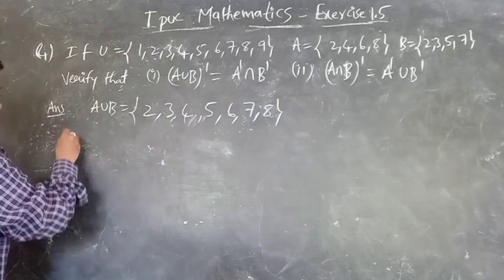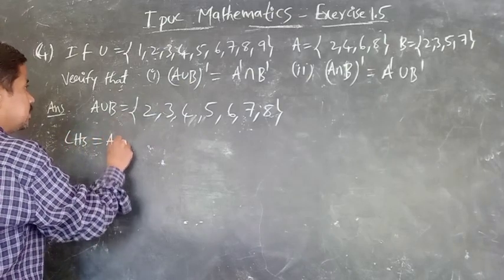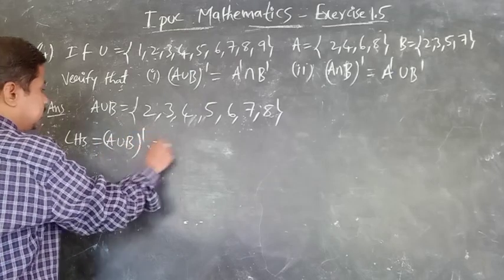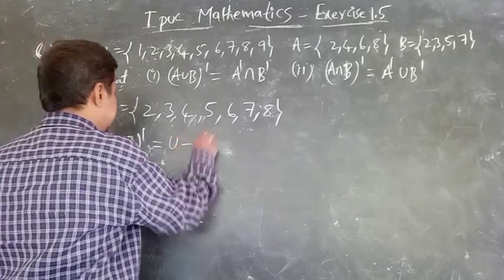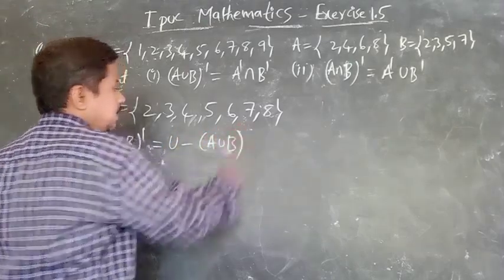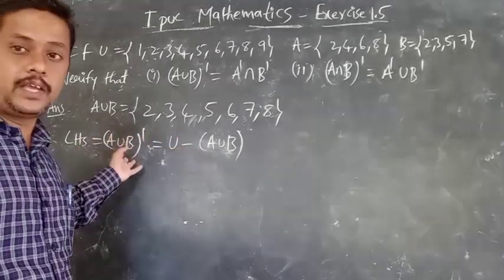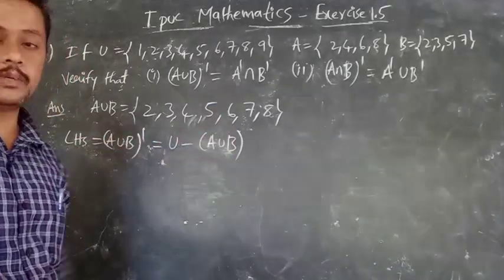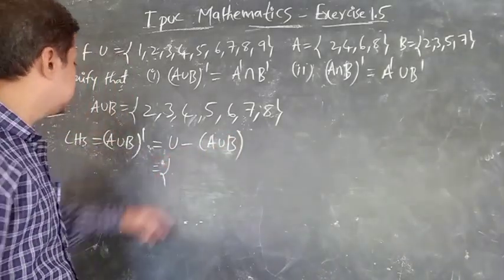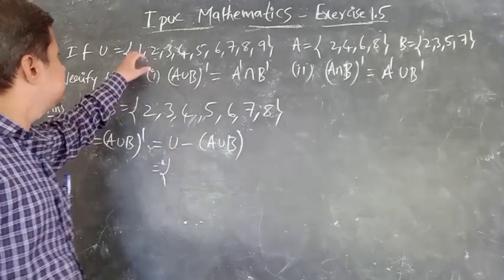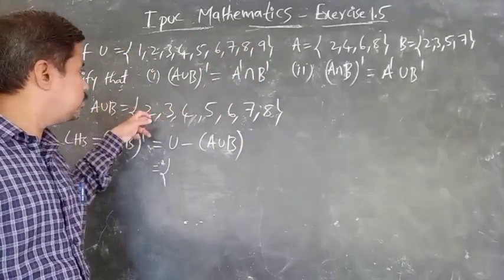LHS is equal to (A union B)', so U minus (A union B). You know the formula well, many problems are done related to this. This is the complement of A union B. U means 1 to 9, and A union B is 2 to 8.